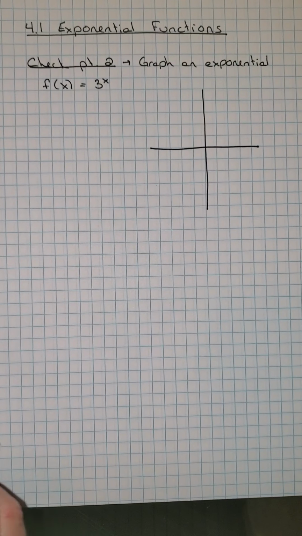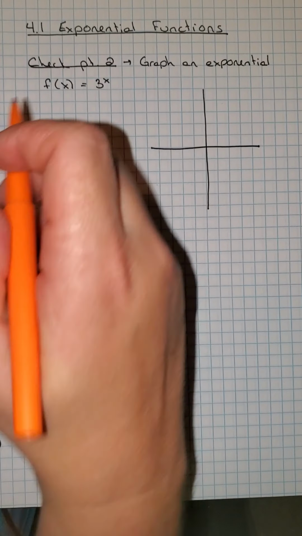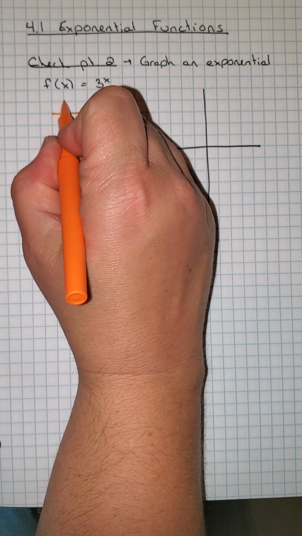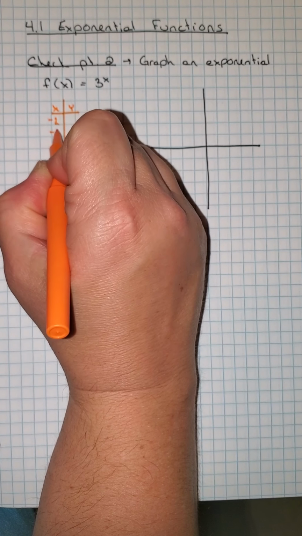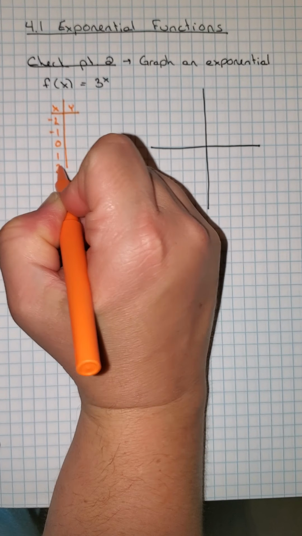So to do this, I'm actually just going to make a table of values. I'm going to put in -2, -1, 0, 1, and 2.